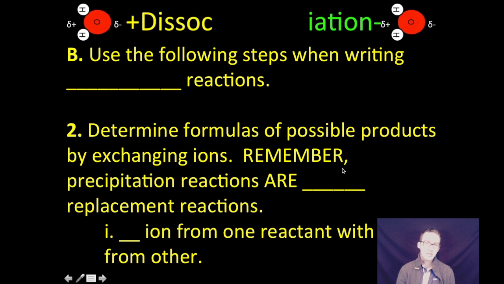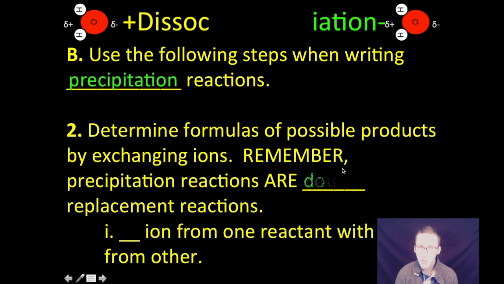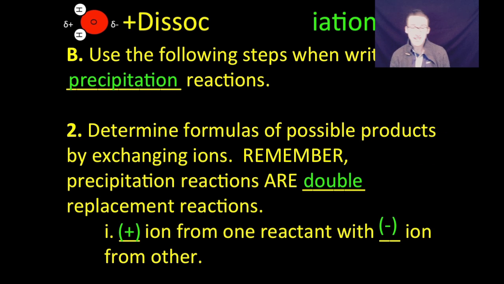Step 2. Determine the formulas of possible products by exchanging ions. Remember that precipitation reactions are essentially double replacement reactions. In other words, the positive ion or cation from one reactant is going to hook up with the negative ion or anion from the other.